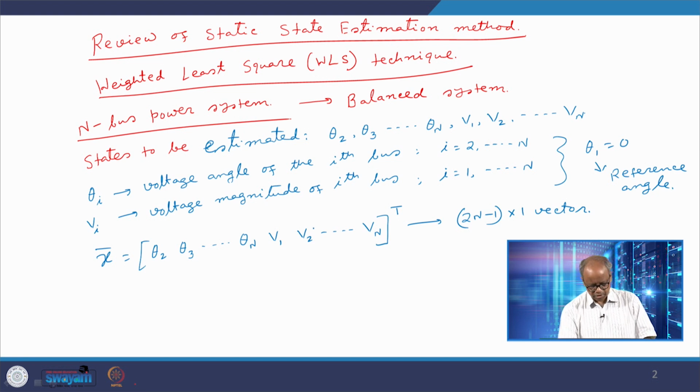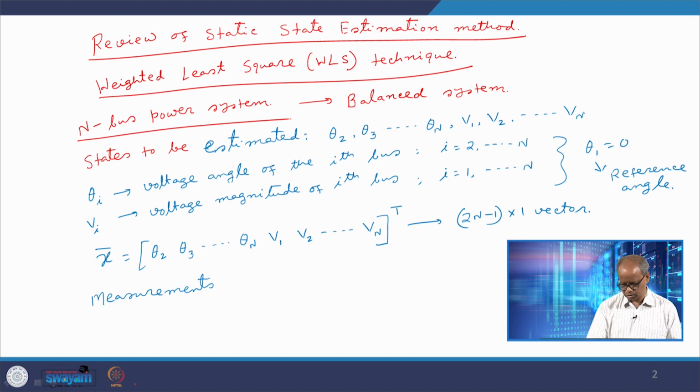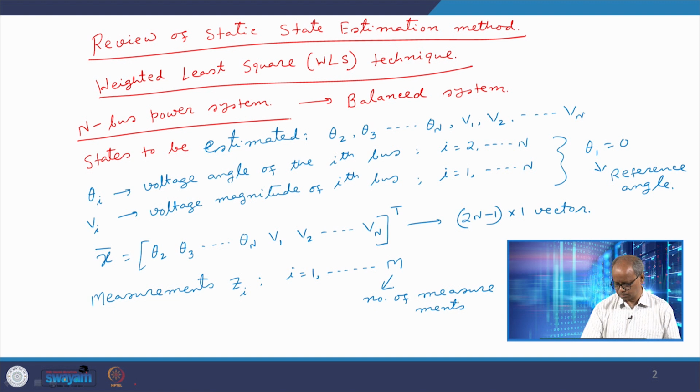Now, to estimate this, we take certain measurements. So, we take measurements z i, where i is 1 to m, and m is the number of measurements.